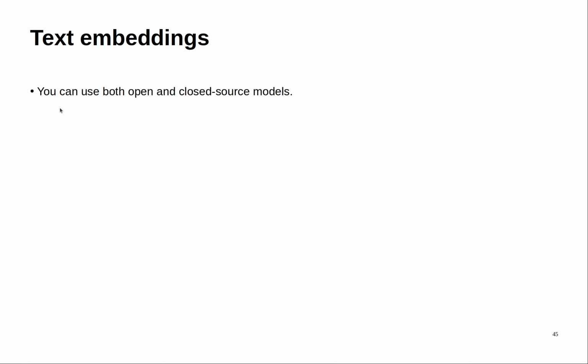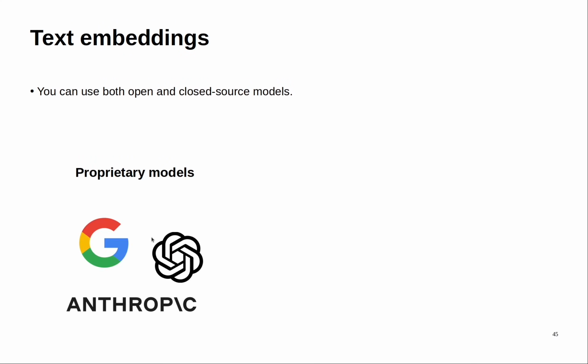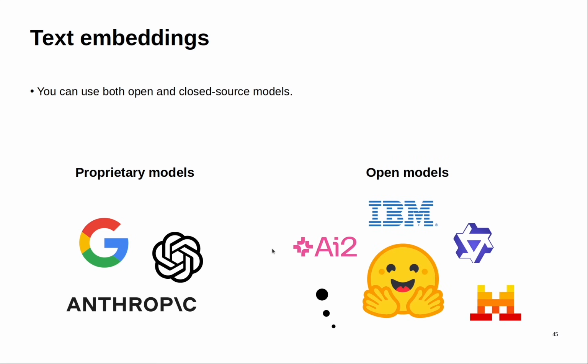You can use either open source or closed source models depending on your situation. If you don't have the necessary hardware to run open source models, you can use models from providers like Google or OpenAI. But if you have the required hardware, you can run them. For example, all-mini-LM is very small, and you can run it even if you don't have a GPU and you have just a CPU.